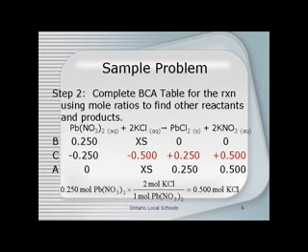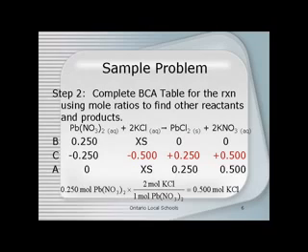Now, the wonderful news in this particular reaction is that there are only two different coefficients. We have 1 mole of lead-2 nitrate for every 1 mole of lead-2 chloride, and we have 2 moles of KCl for every 2 moles of potassium nitrate, KNO3.